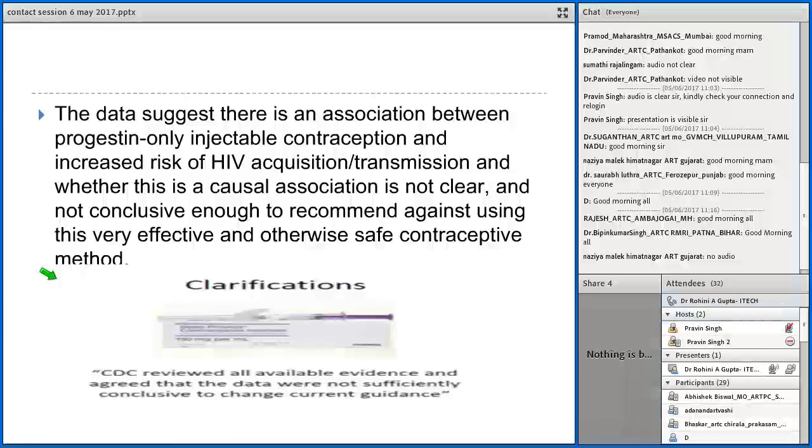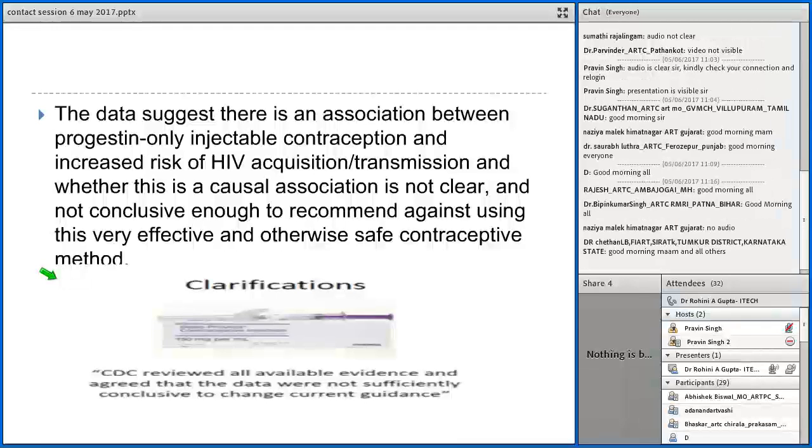But at present, what CDC and WHO say is that the data suggests there is an association between progestin-only injectable contraceptive and increased risk of HIV transmission. Whether this is a causal association is not clear and not conclusive enough to recommend against using this very effective and otherwise safe contraceptive.